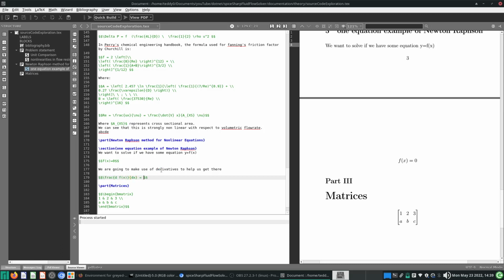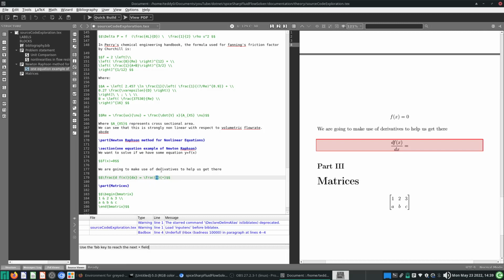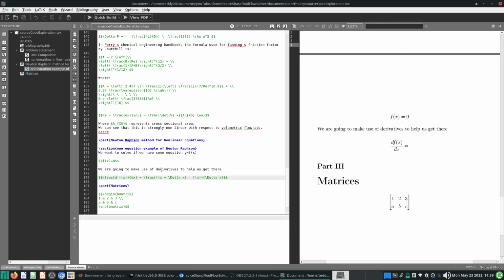This will be equal to f of x plus delta x minus f of x, divided by delta x. This is a first order Taylor series expansion.